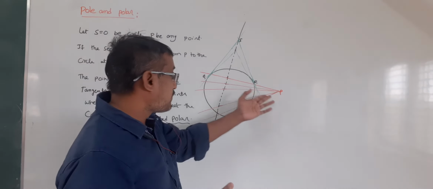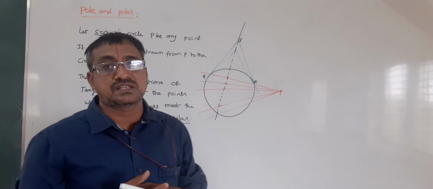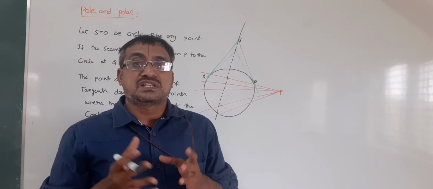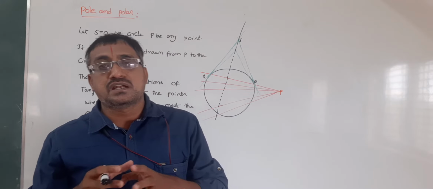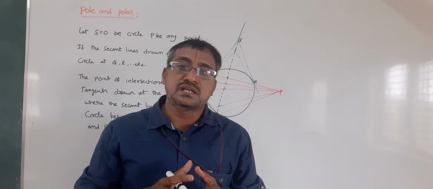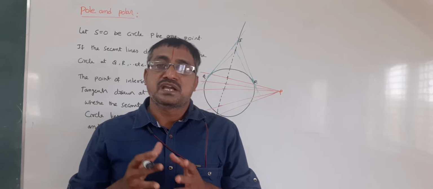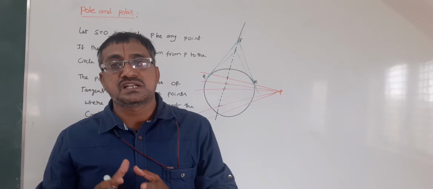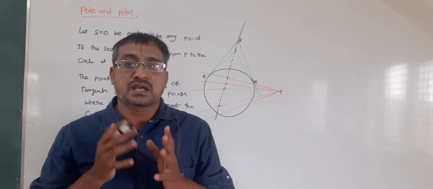Similarly, you can draw a number of secant lines and a number of tangents. So the line which contains all the intersections of the tangents drawn at the extremities of the points where the secant line meets the circle is called a polar line.